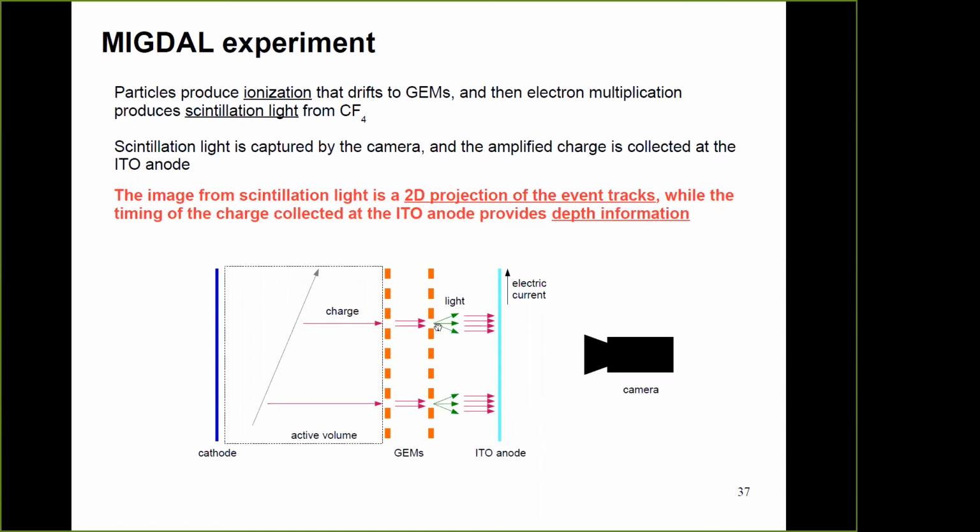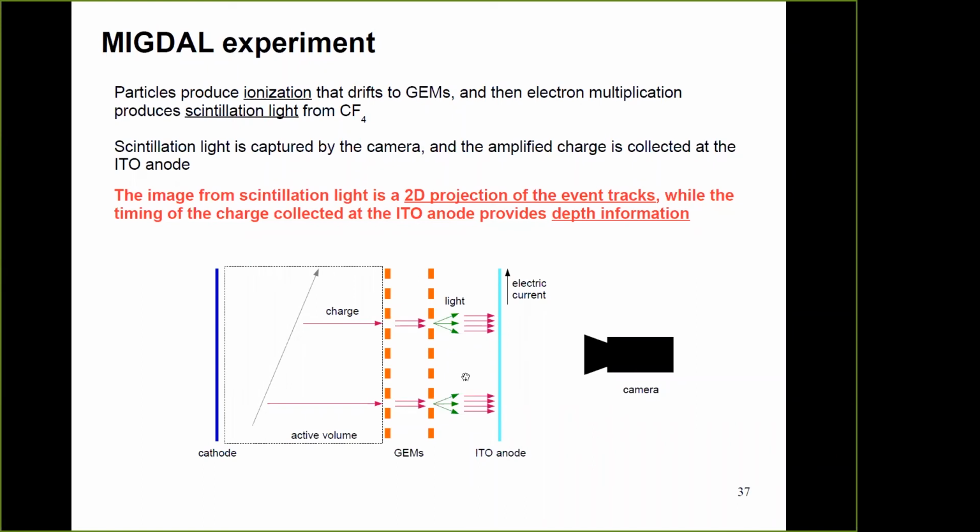This light will be captured by the camera, and it's important to know that this light will follow on the GEM the pattern of the 2D projection of the track. So we will have an image of the 2D projection of the tracks in the camera. So this is already 2D information.